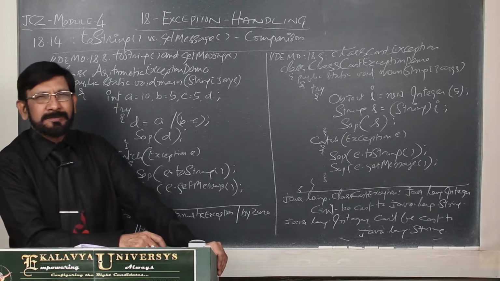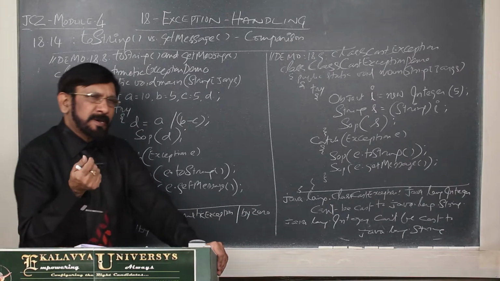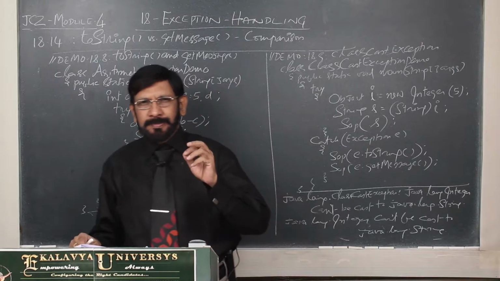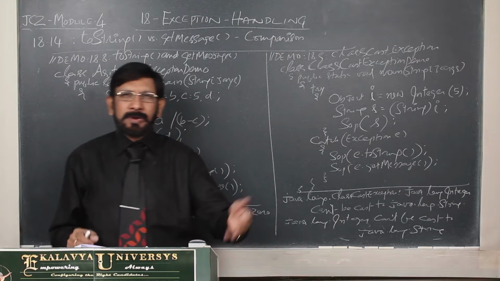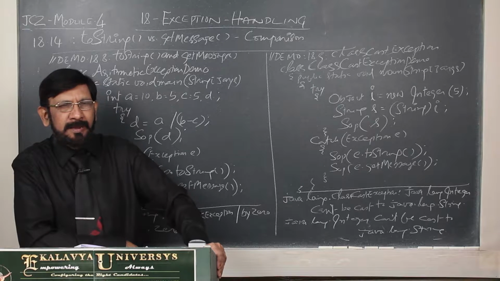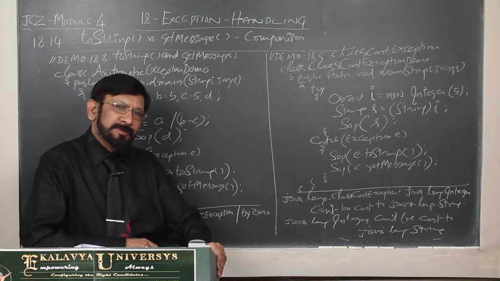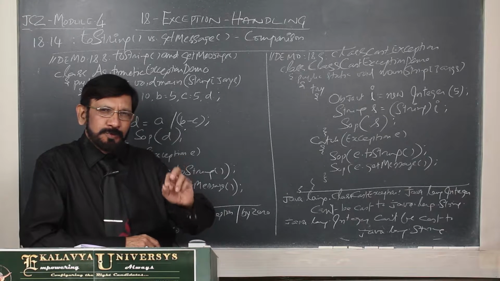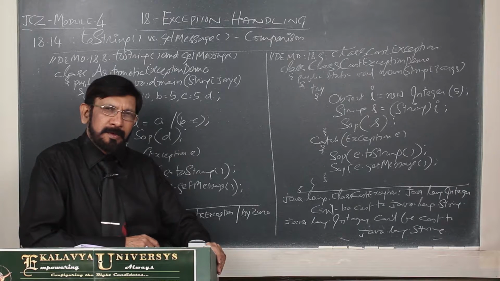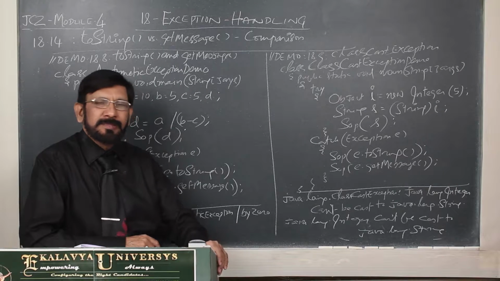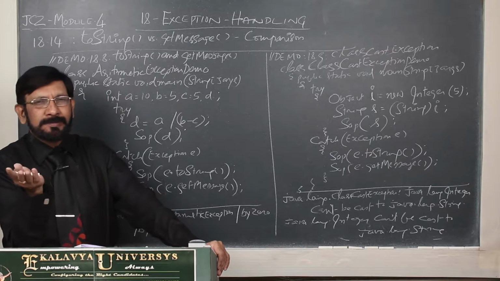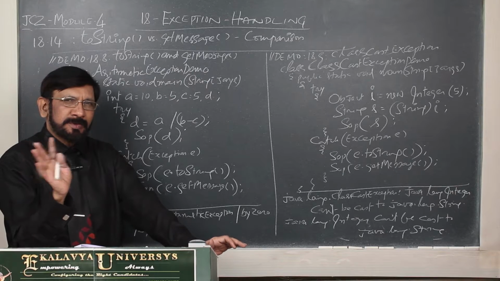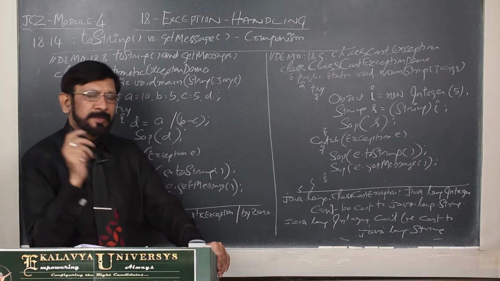My suggestion is, if the program is used only by technical people with a technical background, you can use the toString method. Otherwise, if it is used by common, layman users, you can use getMessage. Otherwise, you can use both, depending on the situation. There is no rigid rule for that.